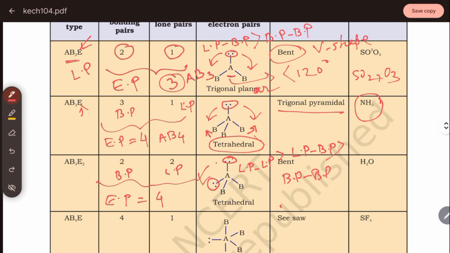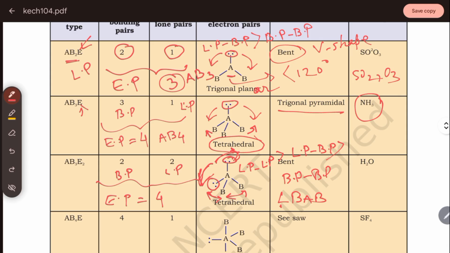So this is the lone pair repulsion. Now here again is the lone pair bond pair repulsion, and these are the bond pair repulsion. But since this repulsion is greater, there is a contraction in the bond angle. Which bond angle? Angle BAB bond angle.